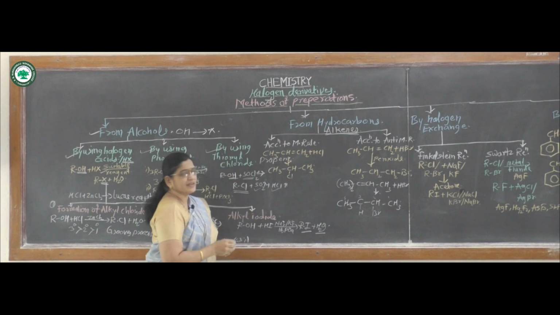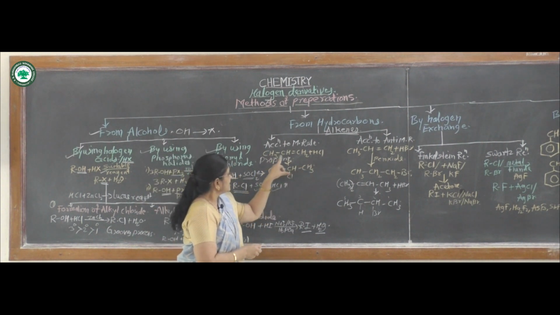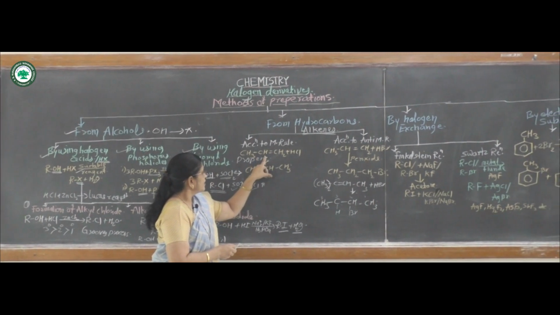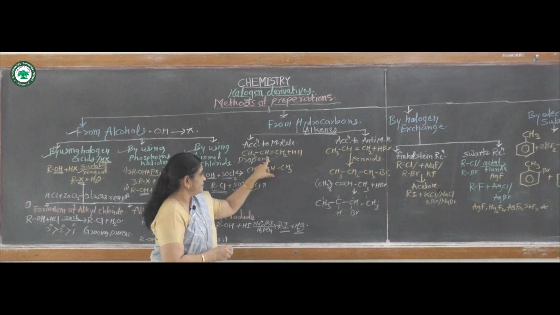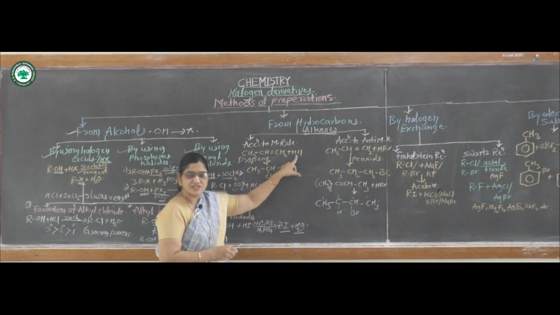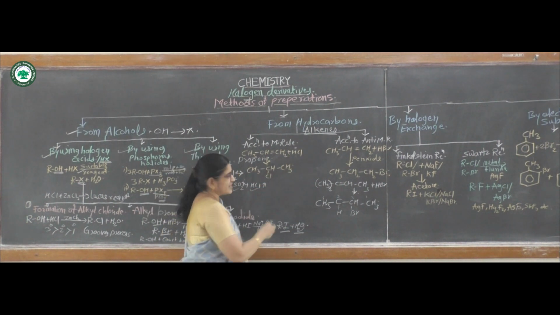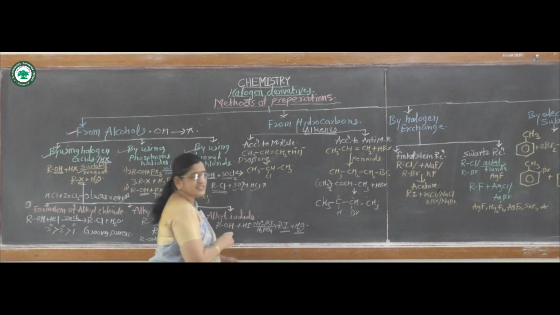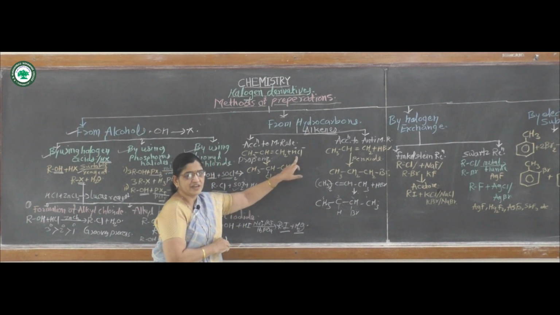If this propene reacts with HCl, see here, this alkene is unsymmetrical and this reagent is also unsymmetrical, because on this hydrogen there is positive charge and on this chlorine there is negative charge. Hence this reagent is called an unsymmetrical reagent.